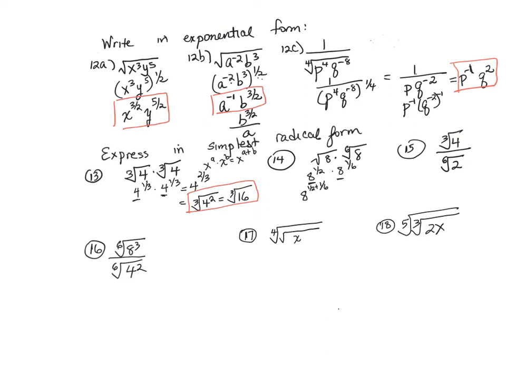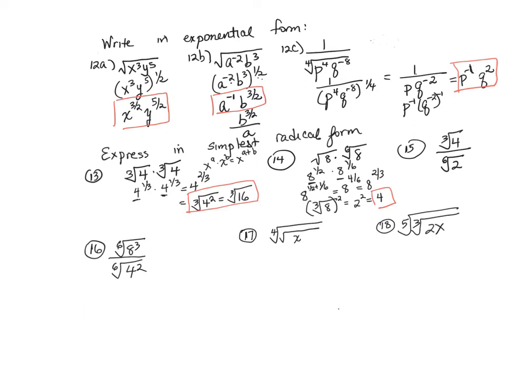So remember that 1/2 is 3/6, and 3/6 plus 1/6 gives us 4/6, which could be simplified into 8 to the 2/3. So this is the cubed root of 8. I'll put down the square outside. That gives us 2 squared, which is equal to 4. And our answer is 4.